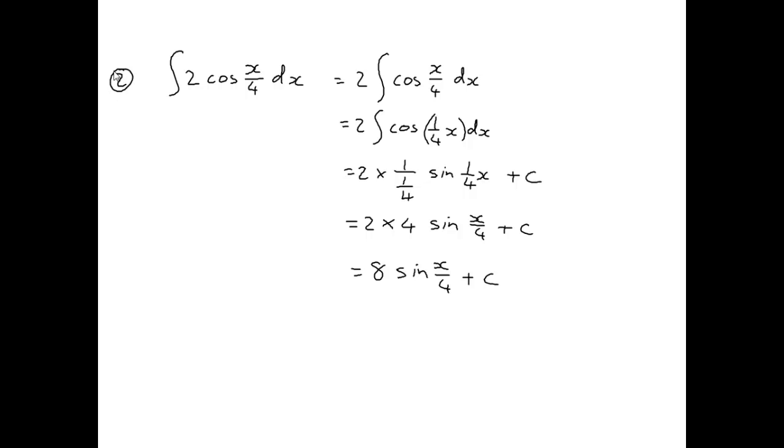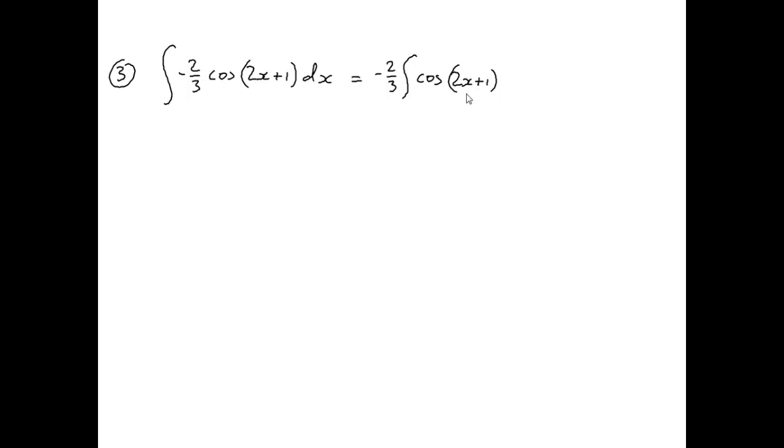That was number 2. Let's try another one. Let's do number 3 now. This time I've got minus 2/3 cos(2x plus 1) with respect to x. What am I going to do here? Well, the minus 2/3 comes out the front.